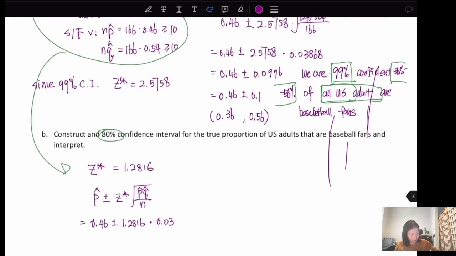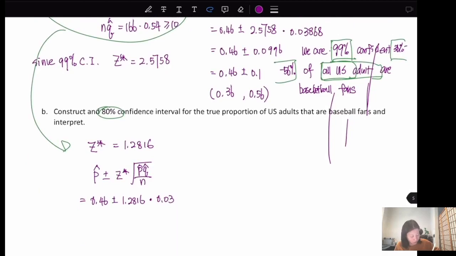What did we get previously? 0.03868. By calculation, we get 0.46 plus or minus 5%. So the confidence interval will be 41% to 51%.